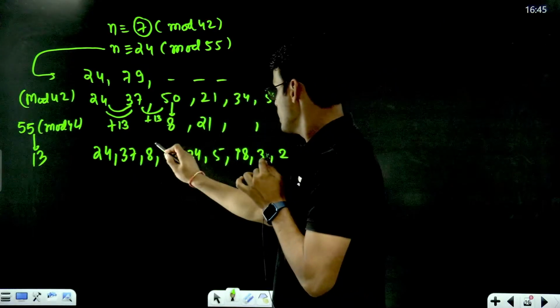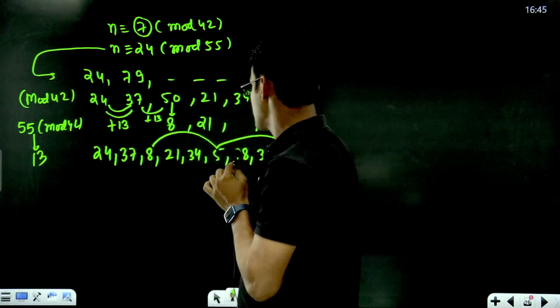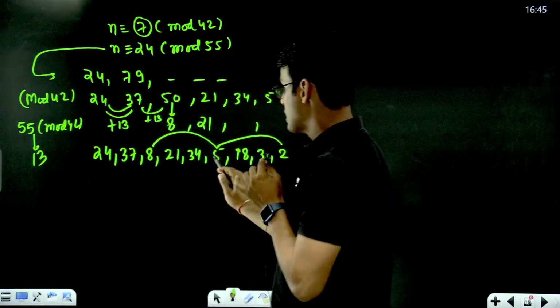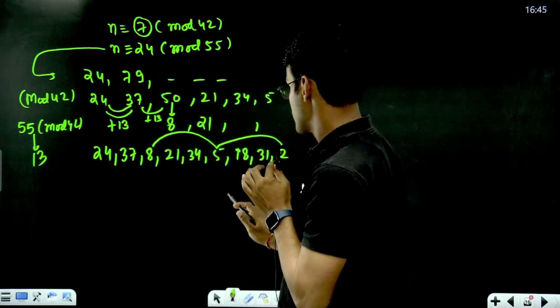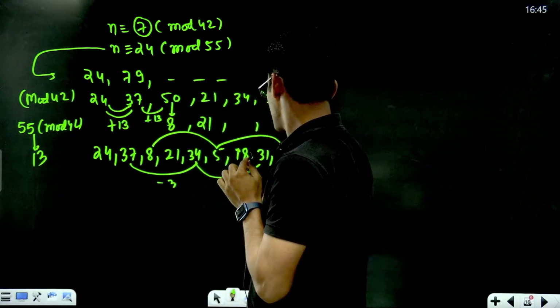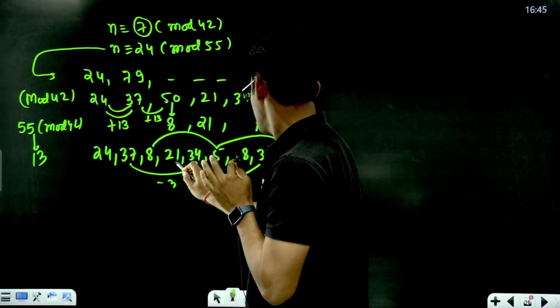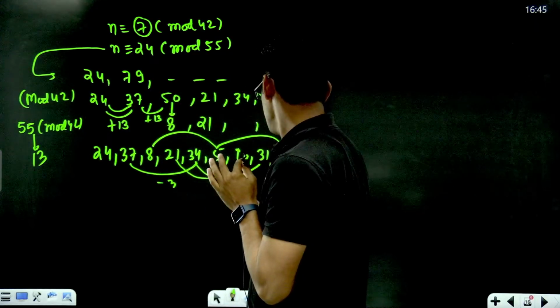Now, can you see 8, 5, 8, 5, 2? Minus 3, minus 3. Simply minus 3, minus 3, then minus 3.